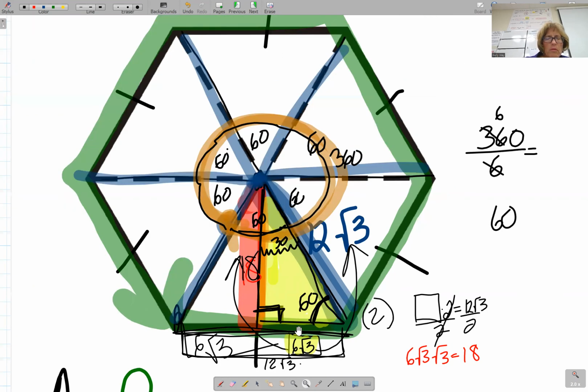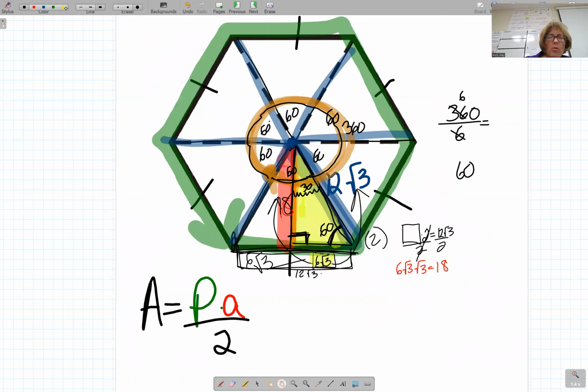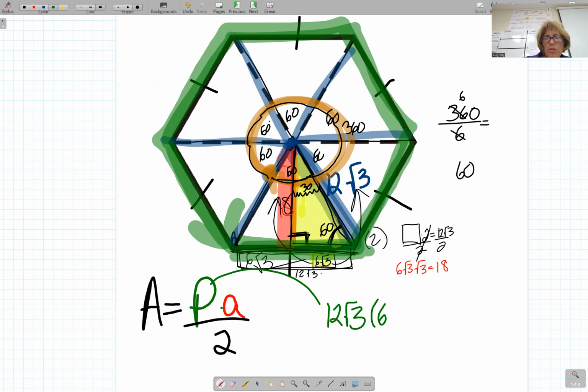Everything you need. So step 1, perimeter. 12 root 3 times 6. That's just the perimeter times your apothem, which is 18 over 2.